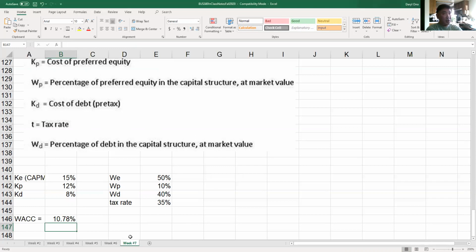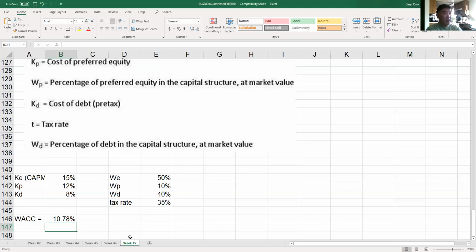The projects must return greater than 10.78%. Otherwise, the project's not worth it. If you have a project that returns 9%, no, you're not going to borrow at 10.78% to only get 9%. You're losing money there.